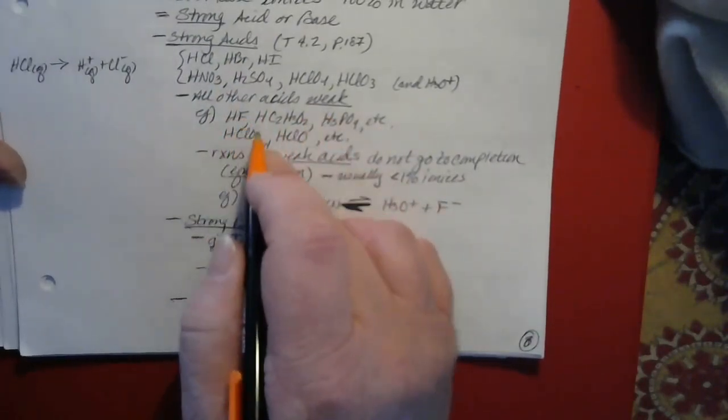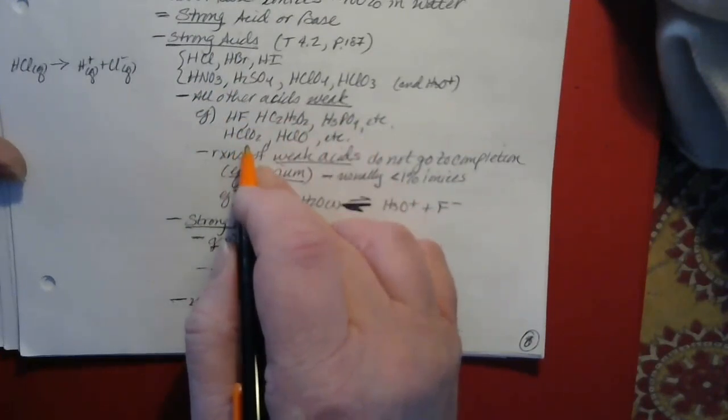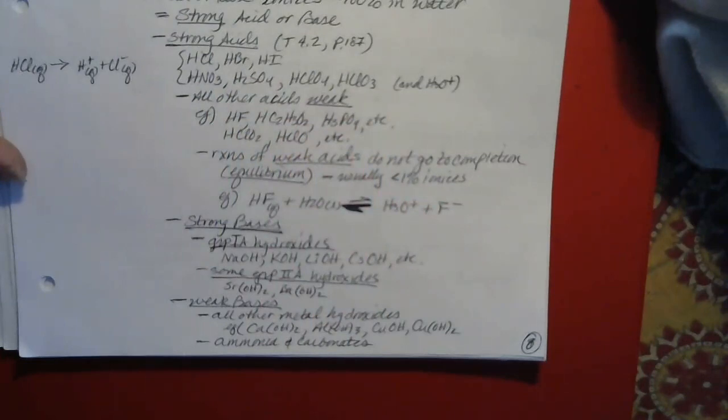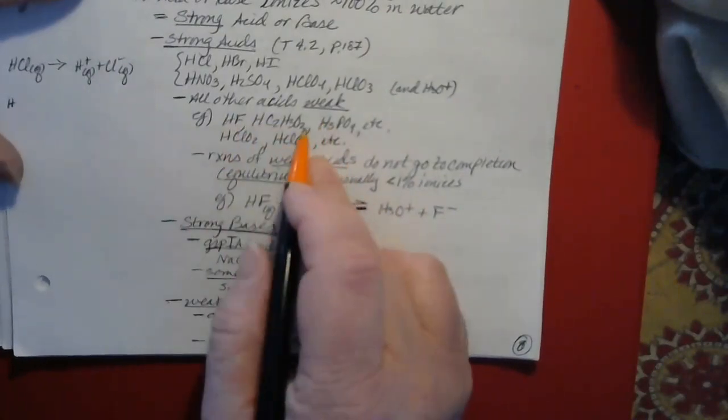All other acids are weak. That would include things like hydrofluoric acid or acetic acid or phosphoric acid, and also chlorous acid and hypochlorous acid, and like I said, literally millions of others. And these ionize much, much, much less than 100%.